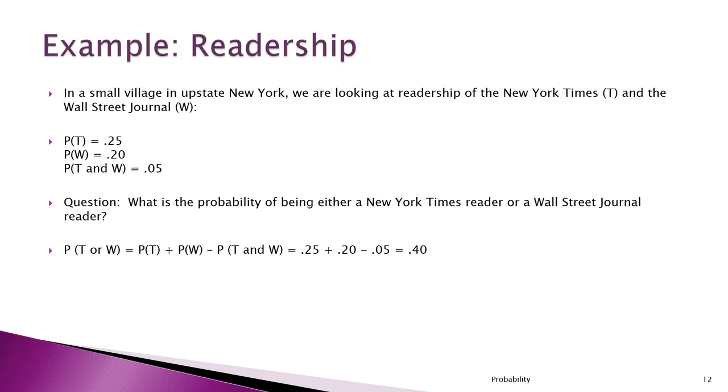The probability of being a New York Times reader or a Wall Street Journal reader is equal to the probability of reading the Times, 0.25, plus the probability of reading the Journal, 0.20, minus the probability of reading both of them because we don't want to count these people twice. And that's 0.05. So 0.25 plus 0.20 minus 0.05 is equal to 0.40. So 40% of the population reads something.